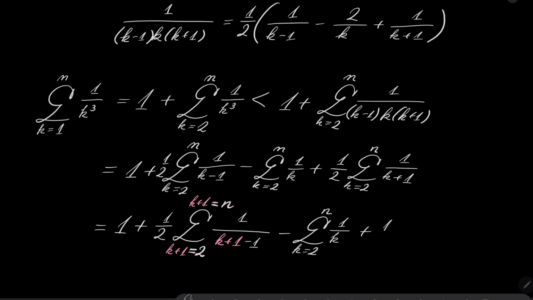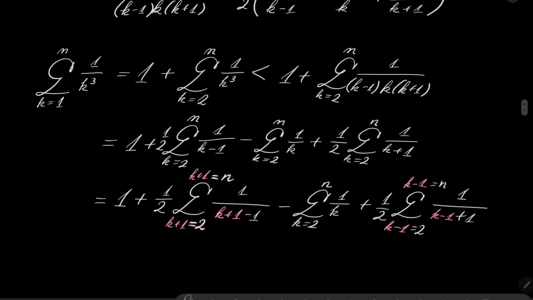And finally, in the last sum, I will put k minus 1 instead of k. So k minus 1 goes from 2 to n, and our fraction is 1 over k minus 1 plus 1. Perfect.